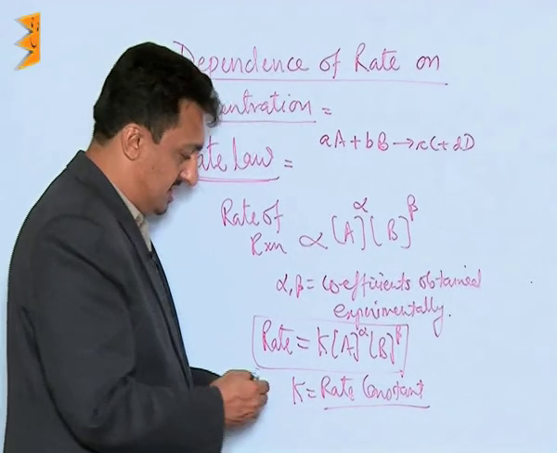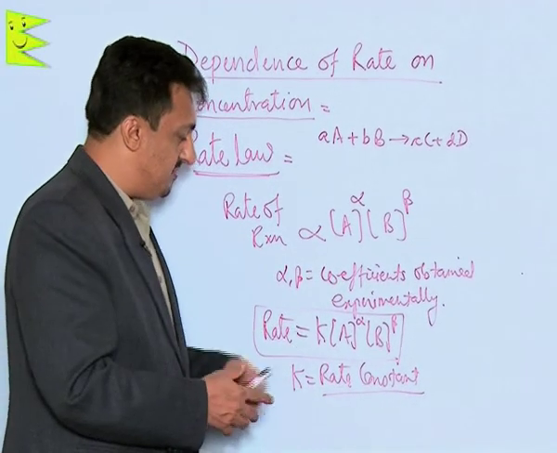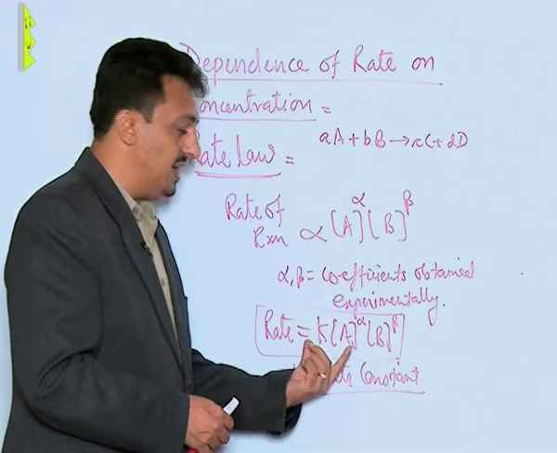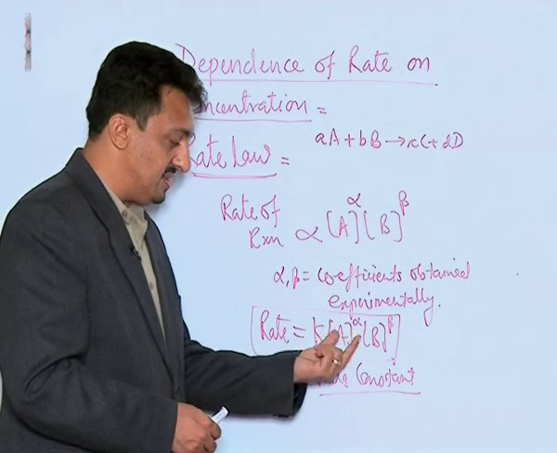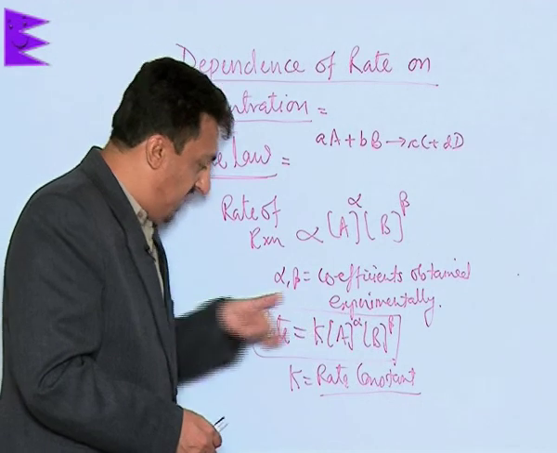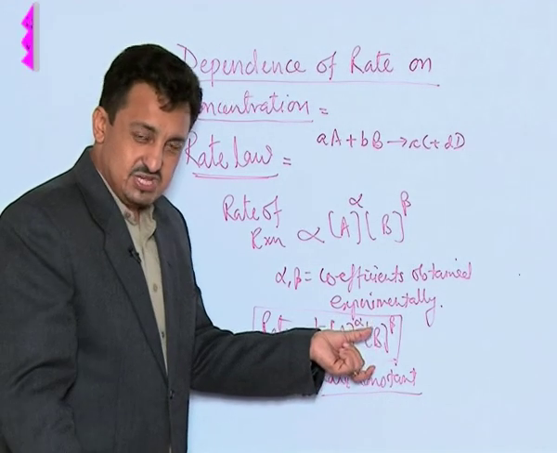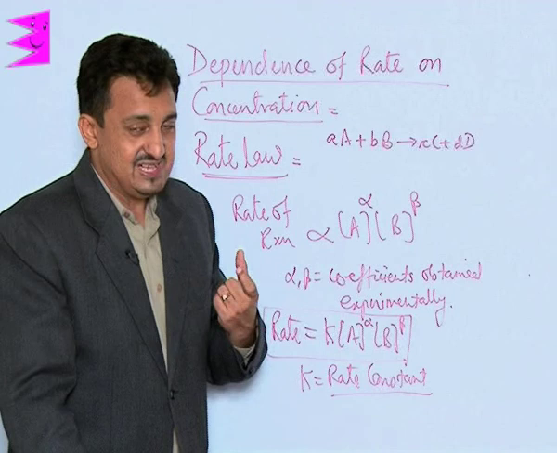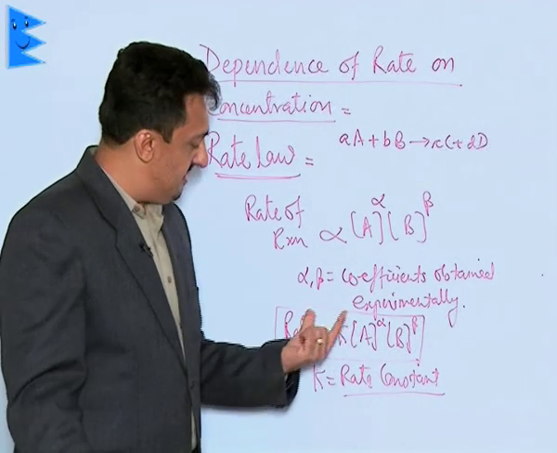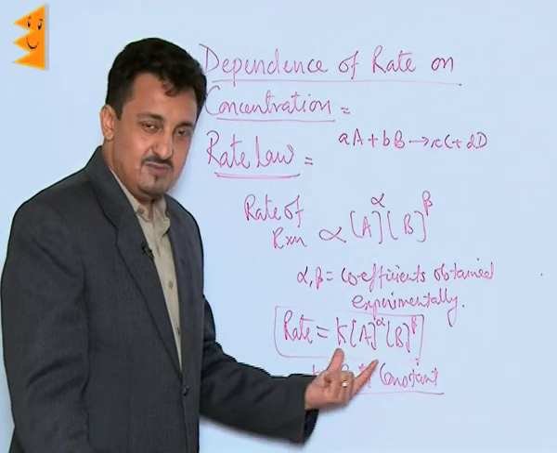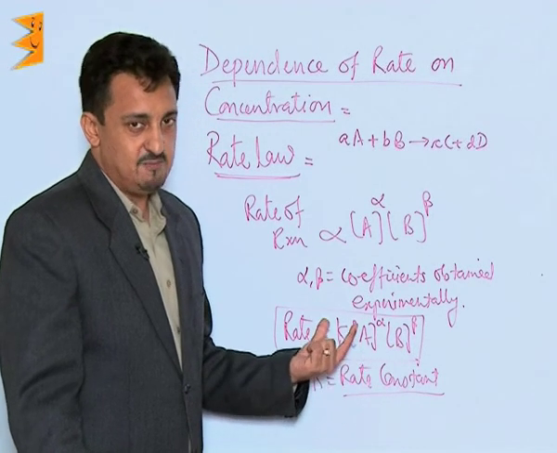We will study this rate constant later, but first we need to understand how we express this. We write down the rate in terms of the concentration of the reactants and products, and this way of writing down the rate of the reaction is called the rate expression.